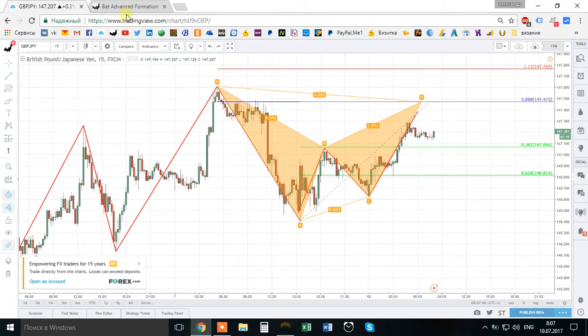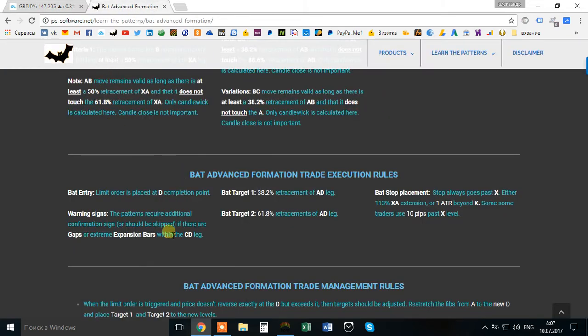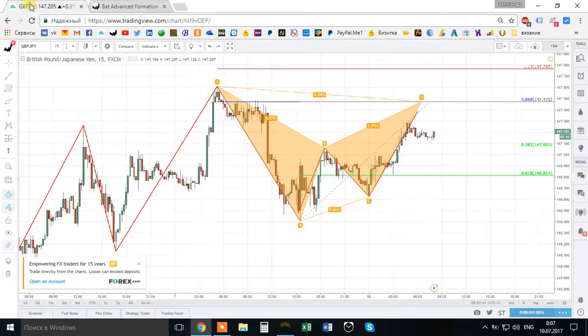Okay, and let's go back to warning signs. If you have gaps or expansion bars within the CD leg, this means that you need to look at some additional confirmation. Maybe you should look at the double top on a lower time frame, 5 minute maybe. Maybe you should look at the RSI divergence, when price is making higher highs and RSI is making lower highs.